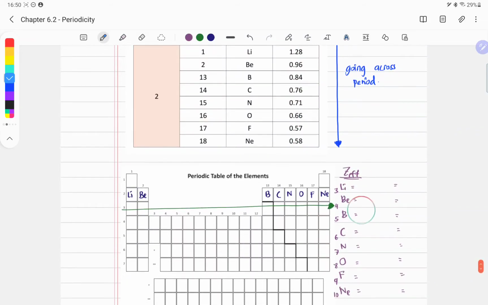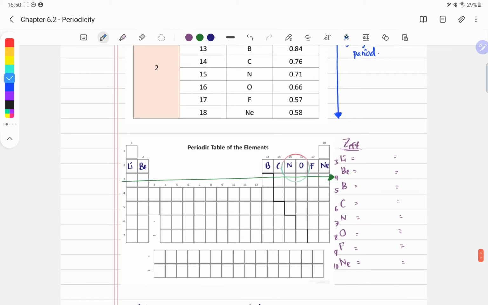So we can do that by calculating the effective nuclear charge. Because these are all in the second shell, all of them have 2 core electrons. You can do this by looking at the electronic configuration. So in this explanation I will just give it directly. The proton number is 3 minus 2, we get positive 1.